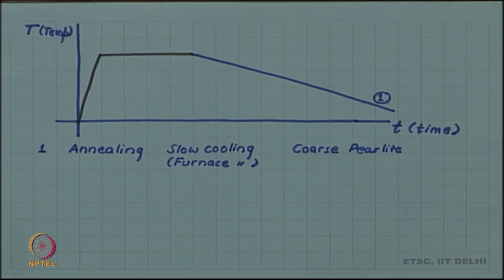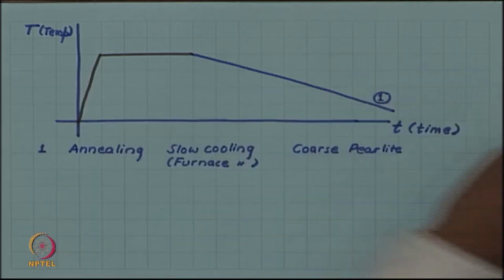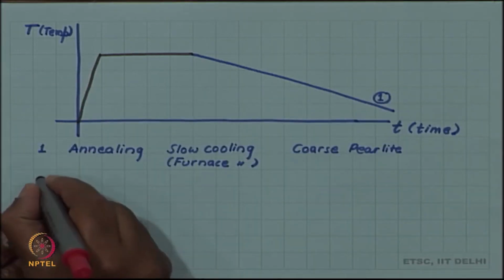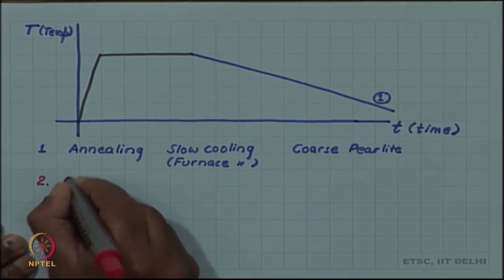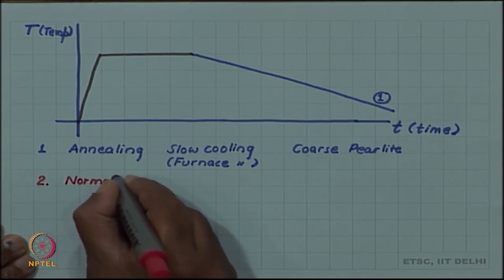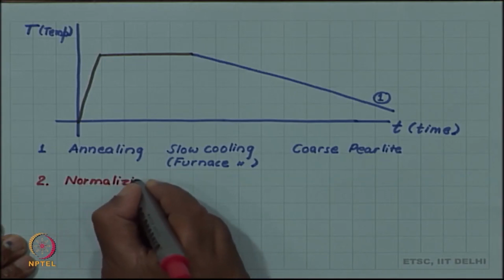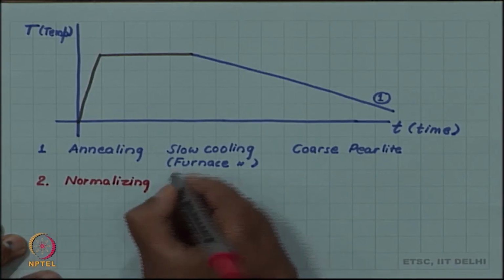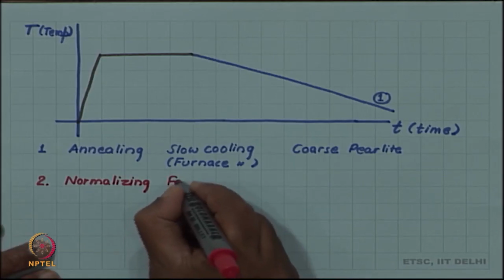Then you have normalizing, which is faster cooling.